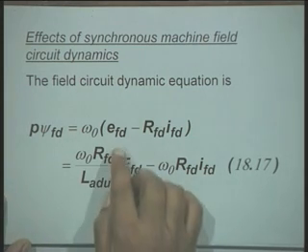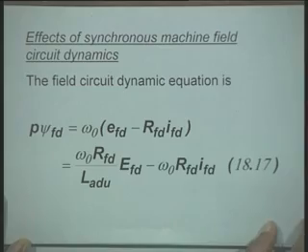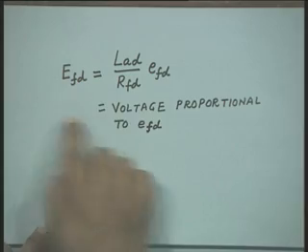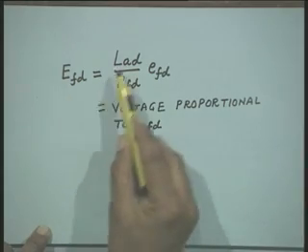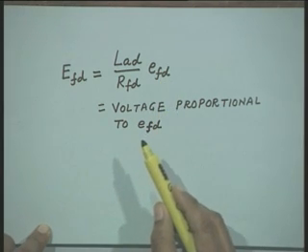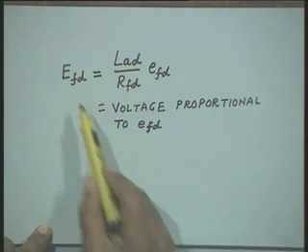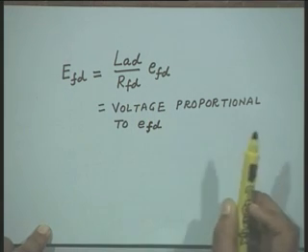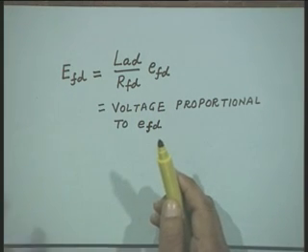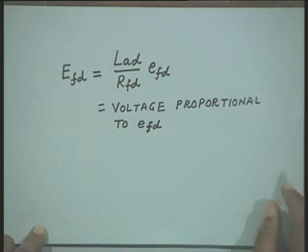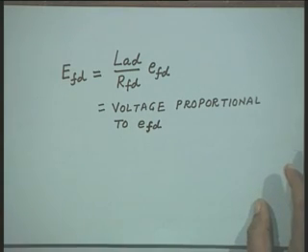We replace this Efd using the equation Efd equal to Lad by Rfd times Efd. When we derived the synchronous machine model, we introduced this term basically to link the non reciprocal per unit system to the reciprocal per unit system.